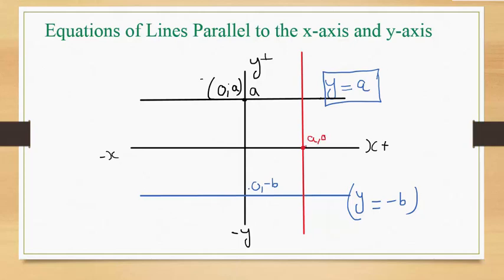The coordinate will be (A, 0) and the equation will be x equals A. So x equals A is the equation of this vertical line that is parallel to the y-axis. For a horizontal line parallel to the x-axis, y equals A, and for a vertical line parallel to the y-axis, the equation will be x equals A.